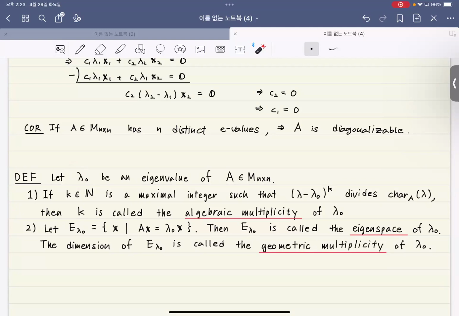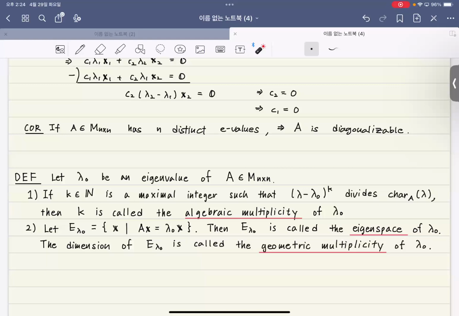Our convention usually avoids including 0 as an eigenvector, but in this case 0 should be included in this space. This is called the eigenspace of lambda 0, and I claim this eigenspace is a subspace of Rn.